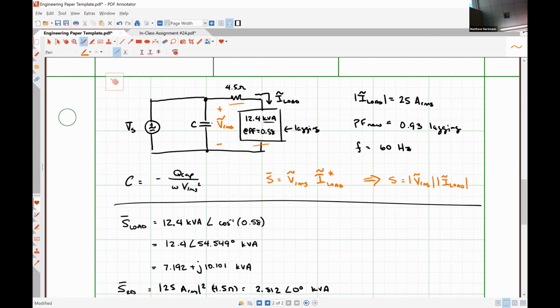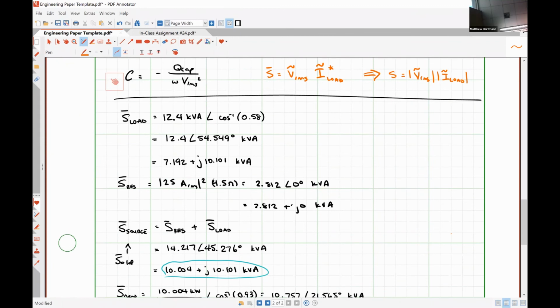All right, so let me phrase this slightly differently. We agree, or at least I believe we agree, that we know what the complex power absorbed by the 4.5 ohm resistor and the load is together. Yes. Okay, and we found that right here.